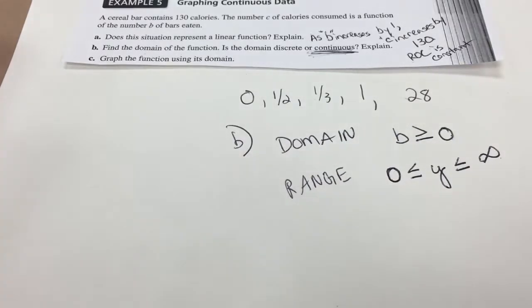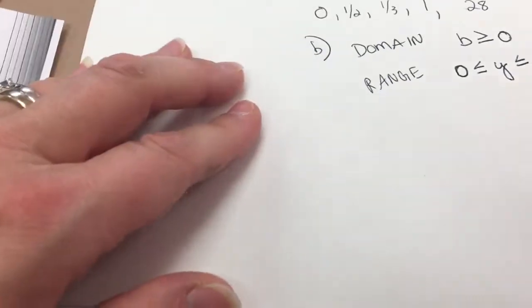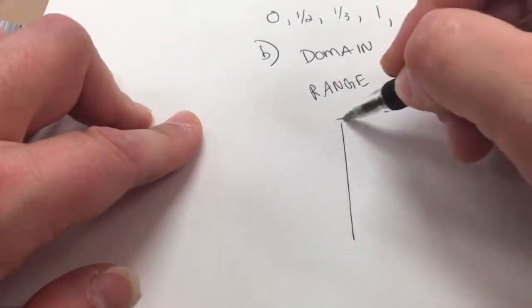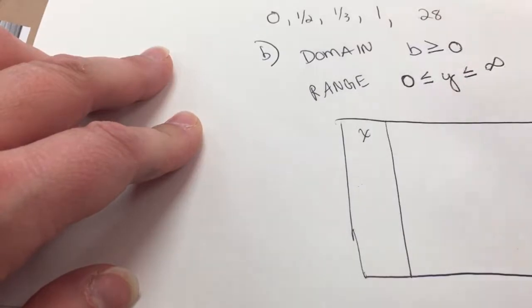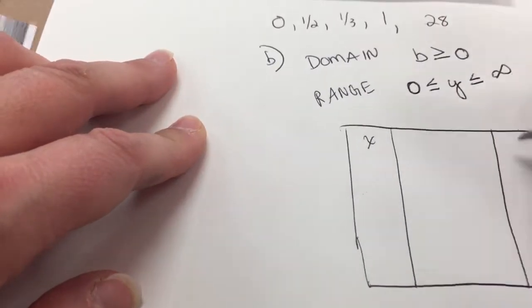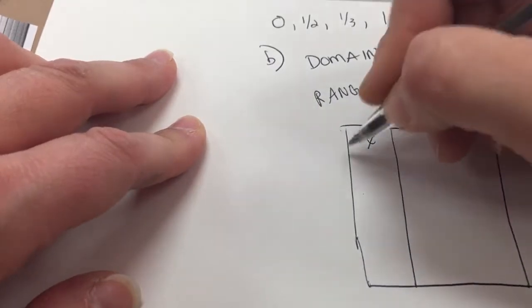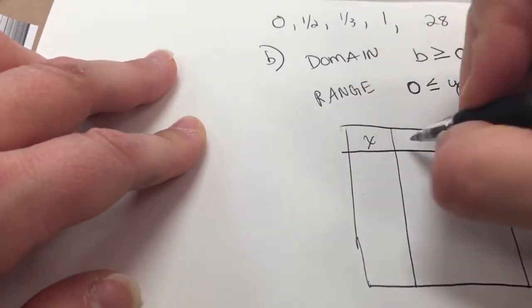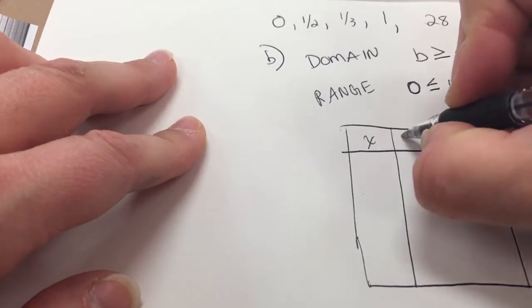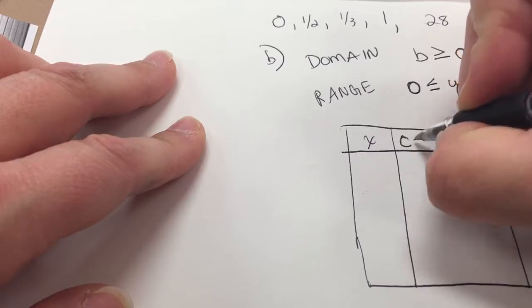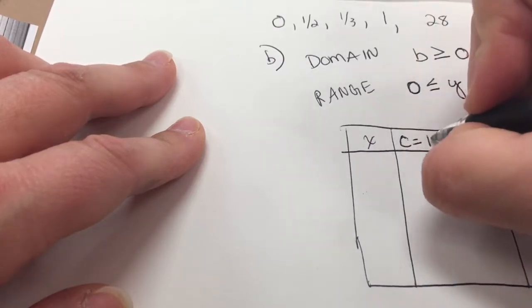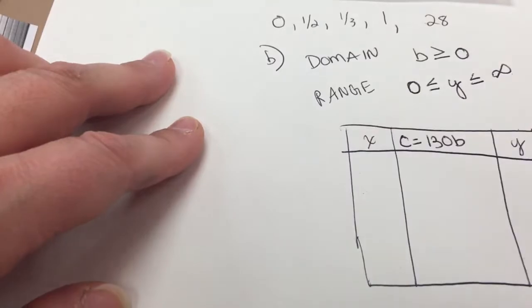And then in part C, you're going to graph this function. So we would create an input-output chart. I've got my X, I've got my Y, and then I've got my point, X, Y. And here I have my function, and what we're really doing is the calories are equal to the number of bars times 130, or 130B.